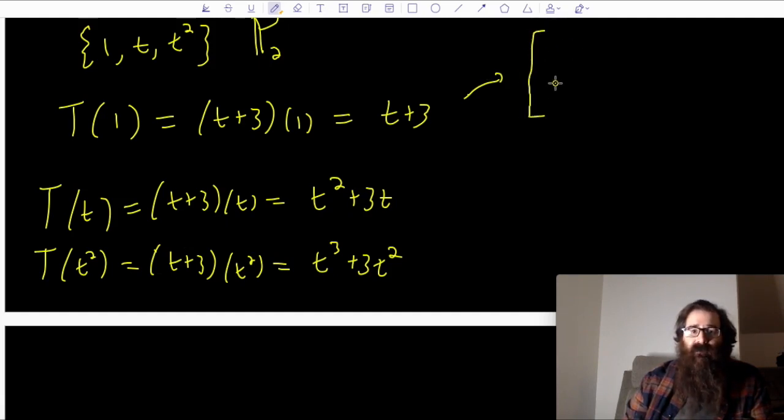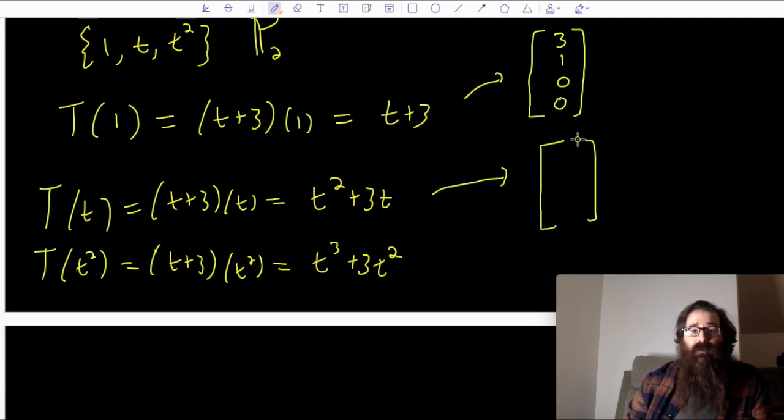When I write these as vectors, it's very important to remember that it should go constant, coefficient on t, coefficient on t squared, coefficient on t cubed, in that order. So my constant term here is actually 3. My coefficient on t is 1. And then it's a 0t squared and a 0t cubed because those terms are missing. When I go to build this next vector here, well, the constant term isn't there, so the constant term must be a 0, but then I have 3t, I have 1t squared, and then it must be a 0t cubed.